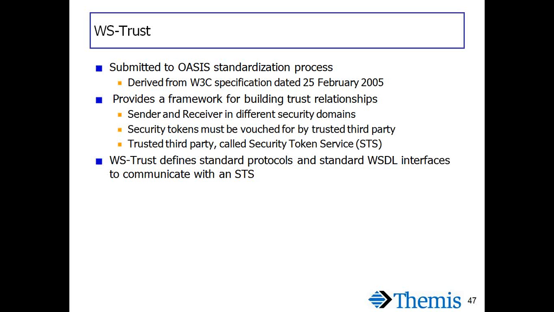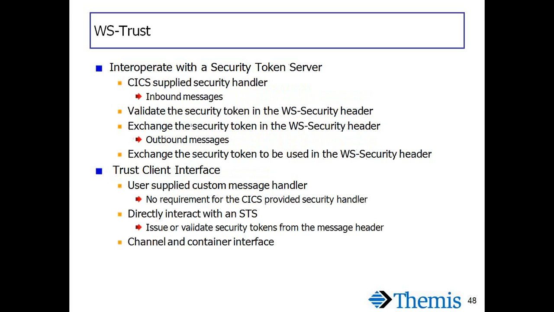CICS supports WS Trust. A little bit less overhead than WS Security. And again, we do have to have third-party tokens. We can do self-signed tokens with our mainframe security systems, but that would not be acceptable across business boundaries.